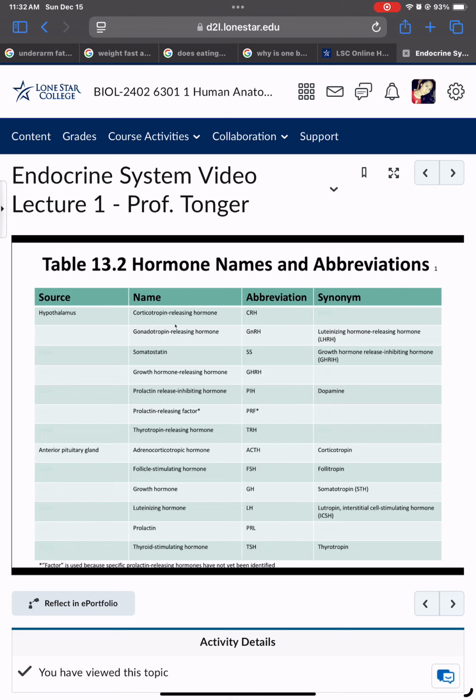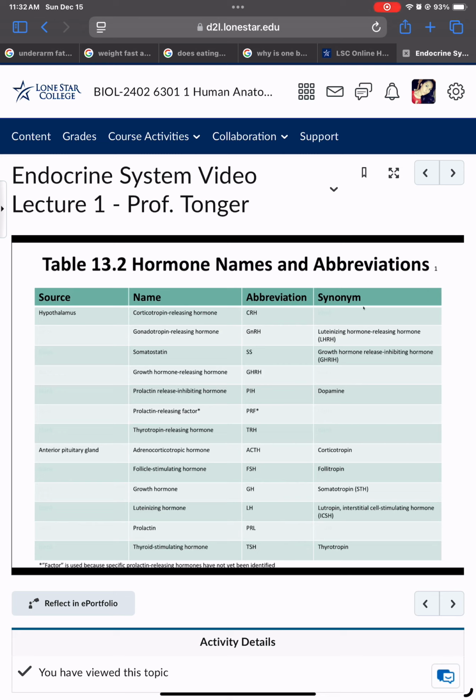So these are the names of those hormones which are released by the glands. And in the third column, you will see their abbreviations, because moving forward, you might see words like CRH, GnRH, SS, FSH, GHLH. These are much more commonly used because it makes things easier to understand.